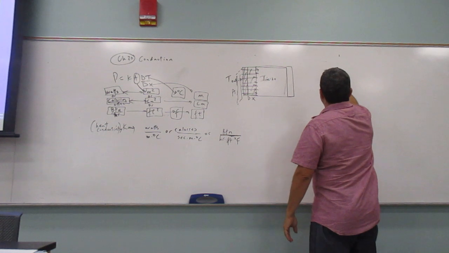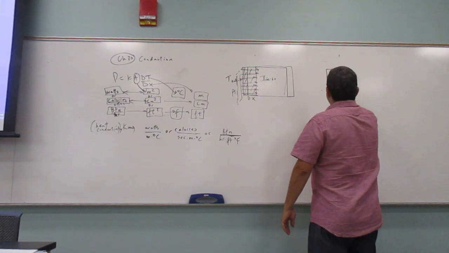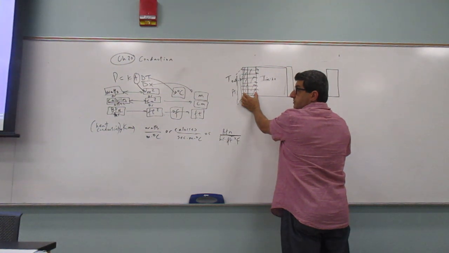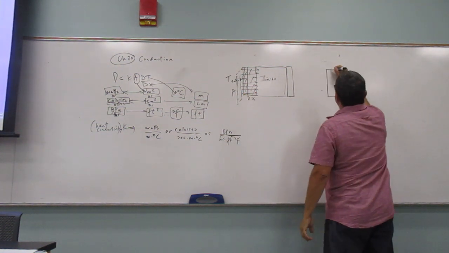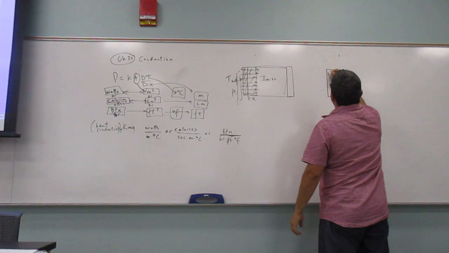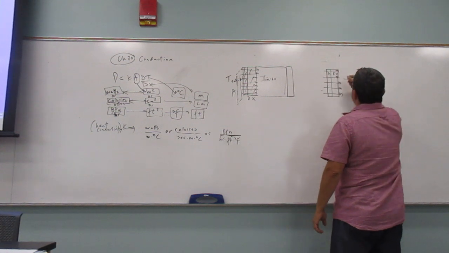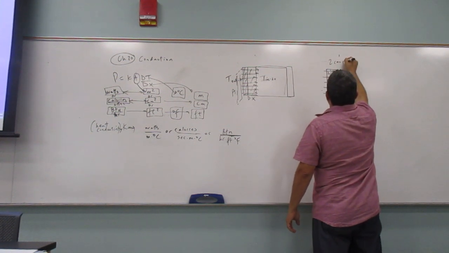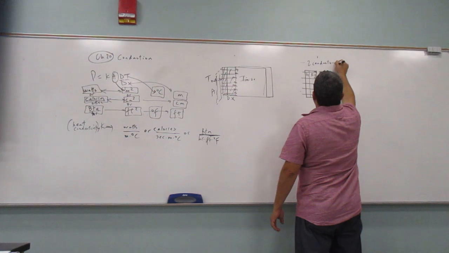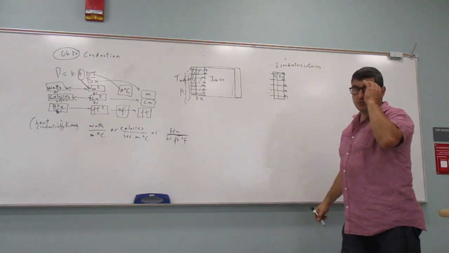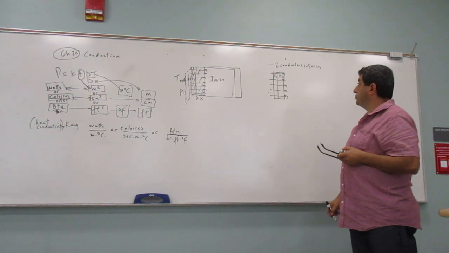So let's take the thickness of the cup, but let's say it's made up of 2 materials. So then you have here K1, K2. So this is 2 conductors in series. So how do they add up?